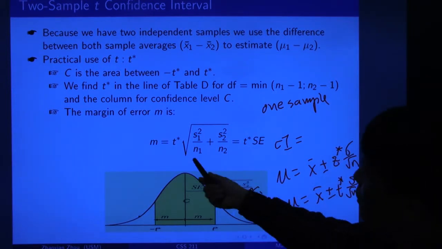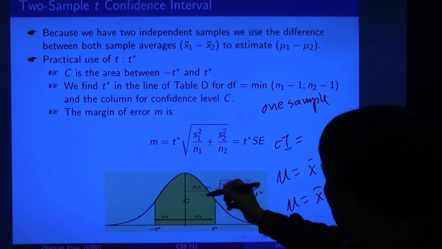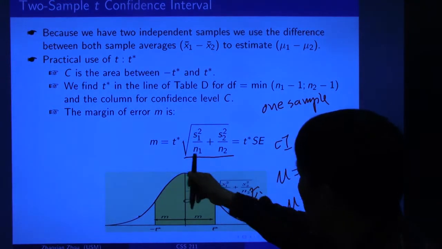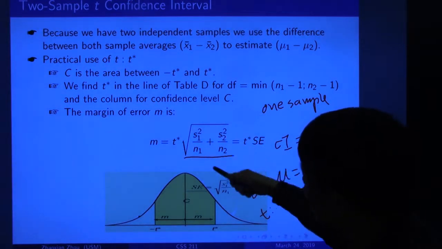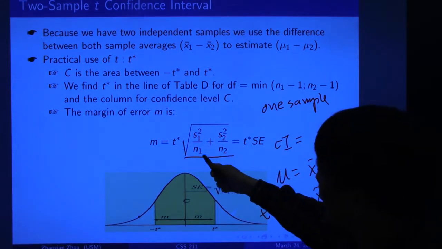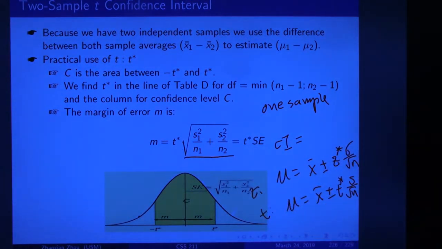For two samples, the margin of error will be t star times the standard error, which for two samples will be the square root of S1 squared over N1 plus S2 squared over N2. And before, for one sample, we only have this one. So that's the only difference compared to what we discussed before.